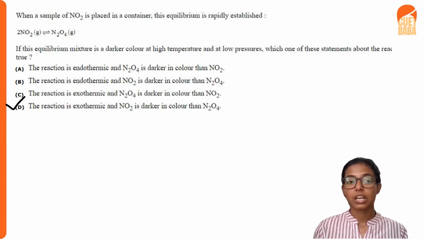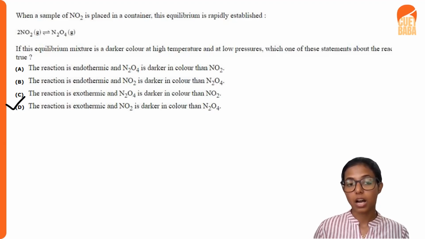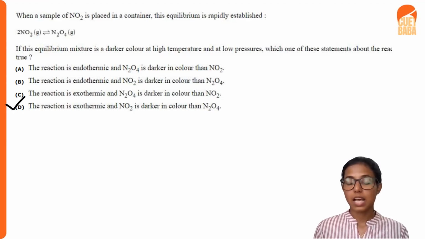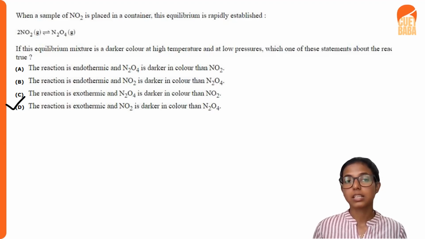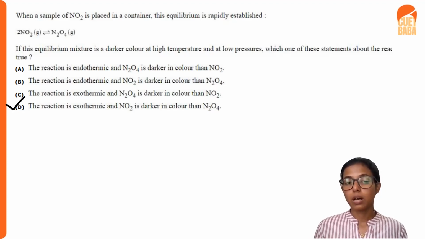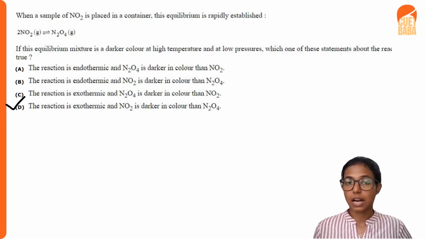It is said that the equilibrium mixture is a darker color at higher temperature. When the temperature increases, the system will try to use up that energy, that is, the equilibrium will shift towards the endothermic reaction. We should also be familiar that N2O4 is colorless, but NO2, nitrogen dioxide, is dark brown in color.